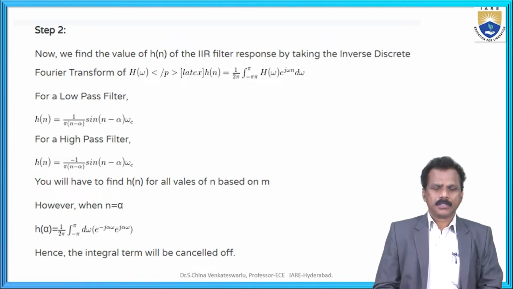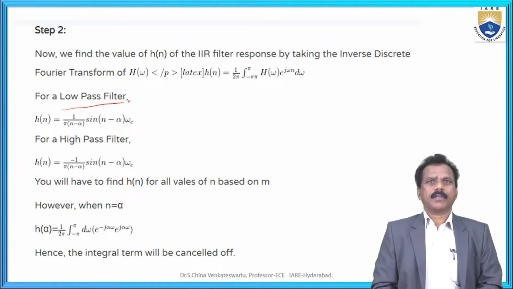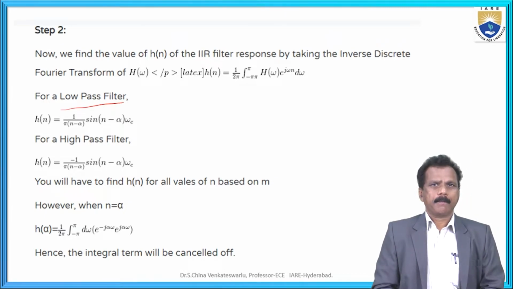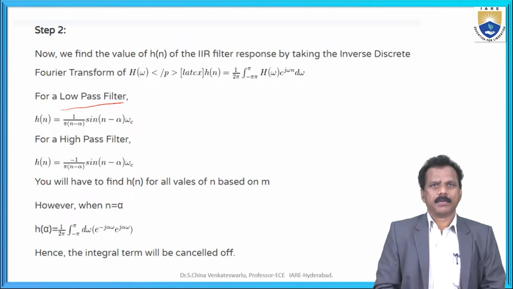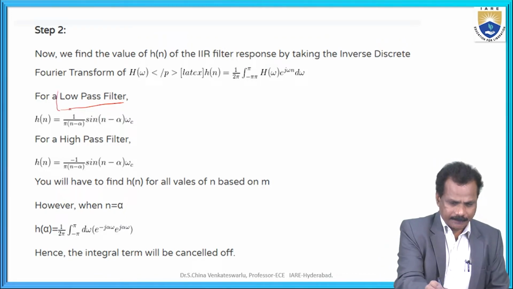For the low pass filter, h(n) is equal to 1 by pi (n minus alpha) times sine of (n minus alpha) omega c.